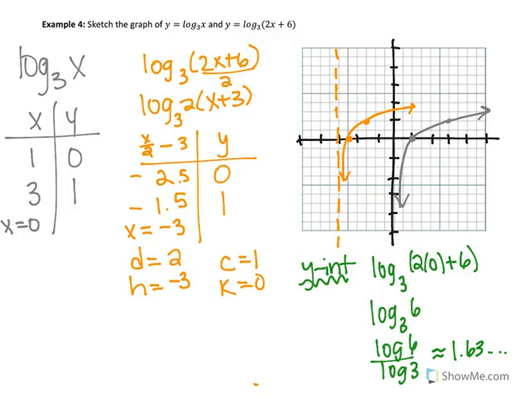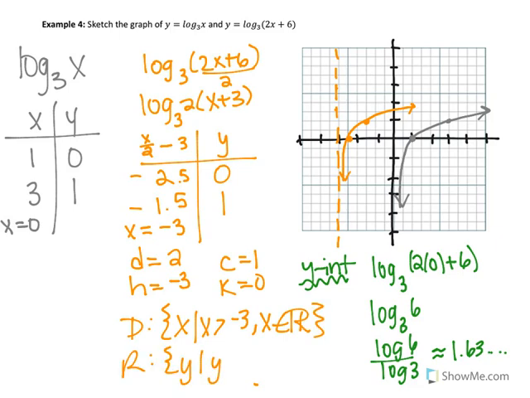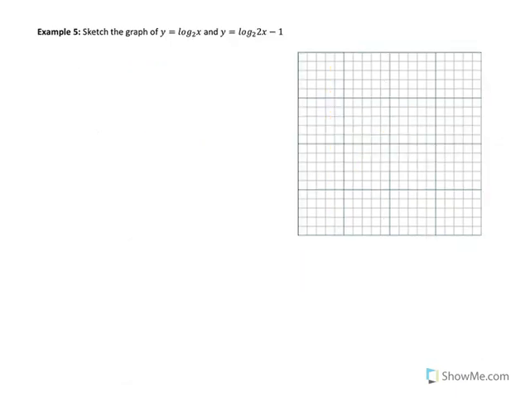Alright, so our domain and range for this function is x such that x has to be greater than negative 3, because we moved our asymptote, and our range doesn't change. It's still everything. Alright, so that's how you graph logarithms.